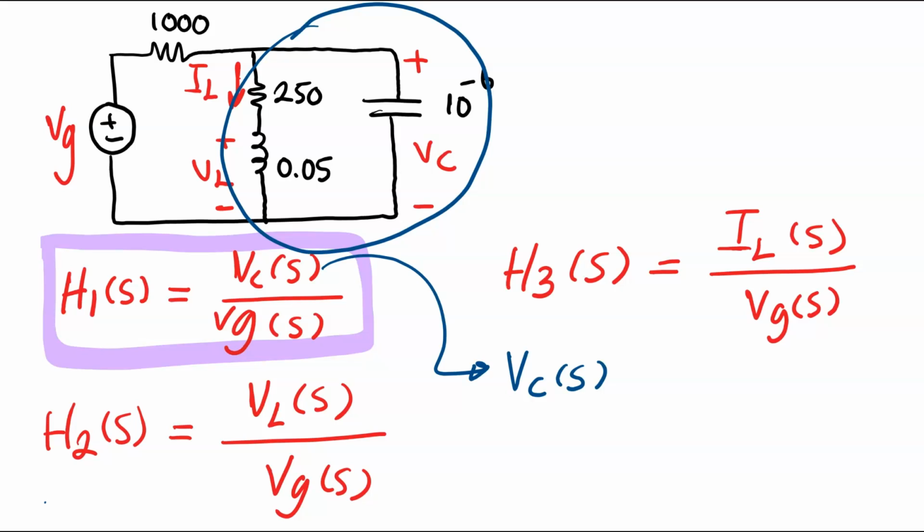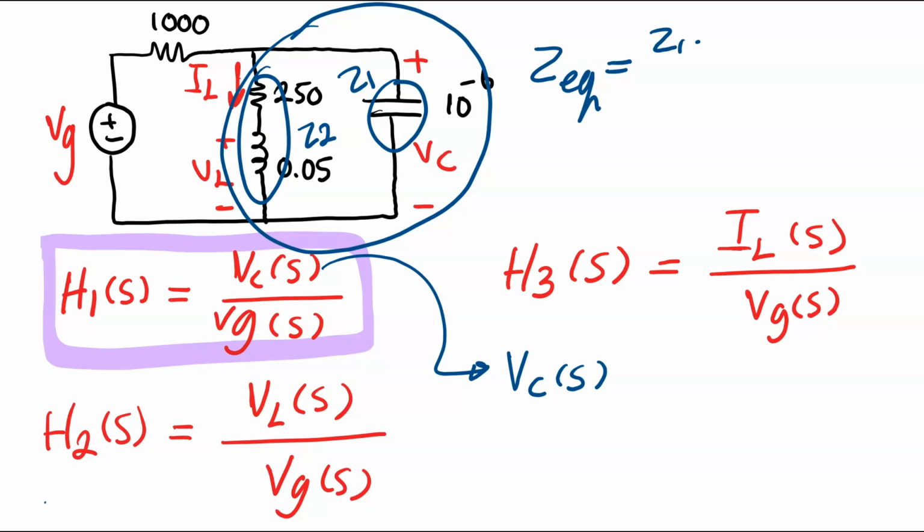If I call this equivalent impedance Z equivalent, let's call this impedance Z1 and this one Z2. So the equivalent impedance is going to be Z1 multiplied by Z2 over Z1 plus Z2.